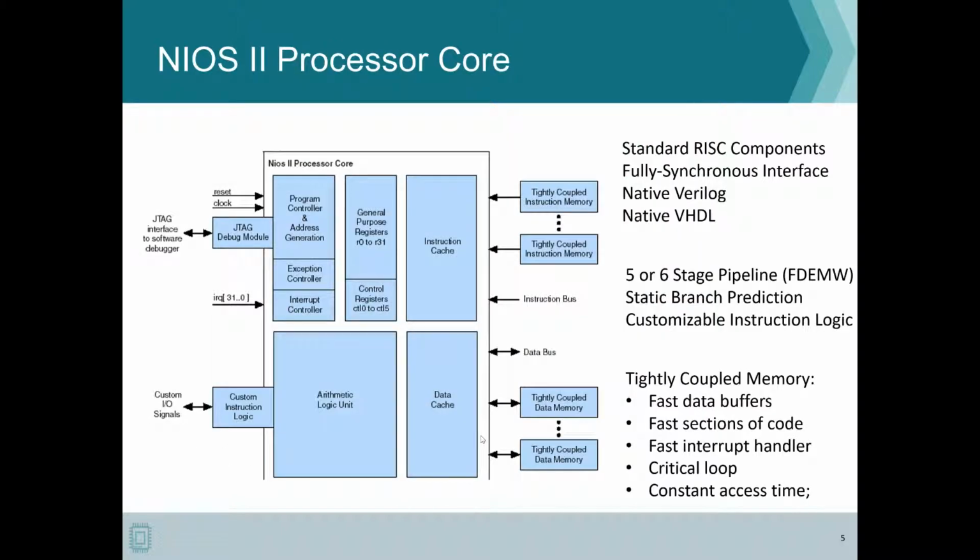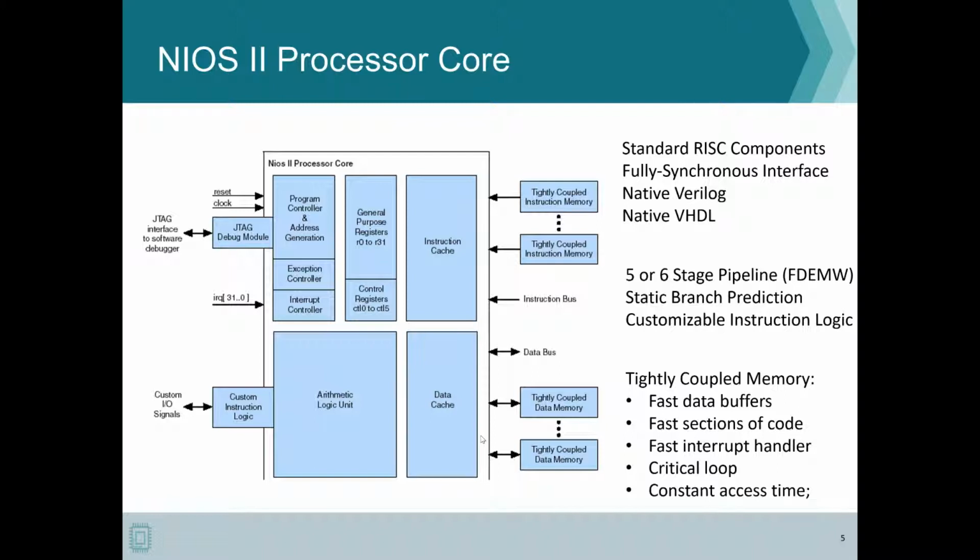So the NEOS 2 processor core itself, as we mentioned, is a RISC processor. It's a fully synchronized interface in the sense that it has clock circuits and clock distribution circuits, PLLs, etc. It can be natively programmed using Verilog as well as VHDL hardware descriptive languages.